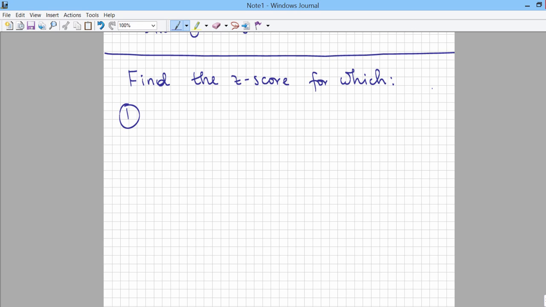The first one will say the area to its right is 0.75. Okay, so let me write this out. All right, I would always try to make a picture for this type of situation.